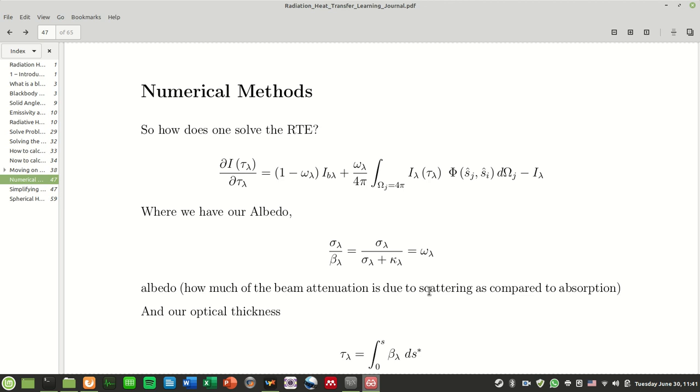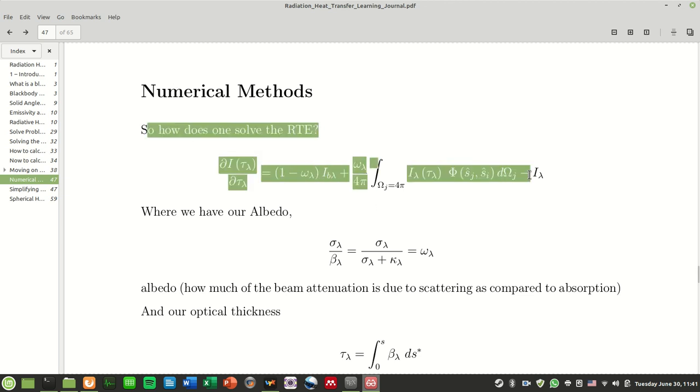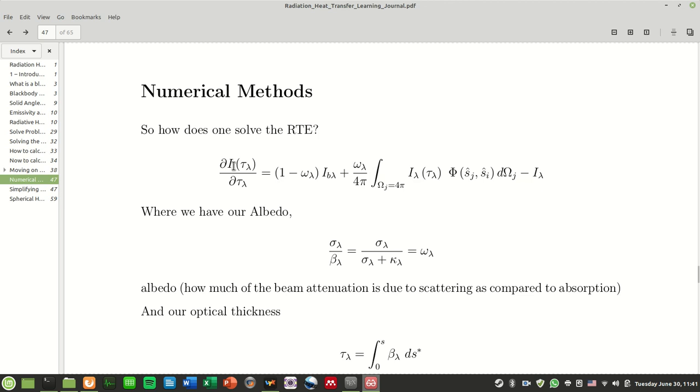Okay. So just to recap what we are doing, this is the radiation transport equation. If you are looking at a beam of radiation going in one direction, of course you can discretize by spectrum as well, but we'll take out the spectral part, so not so much of an issue now.